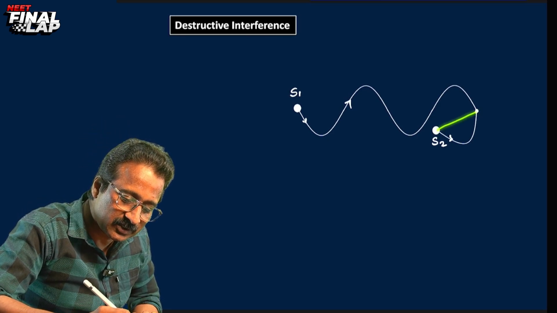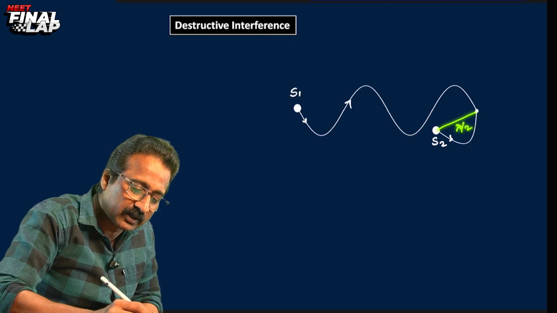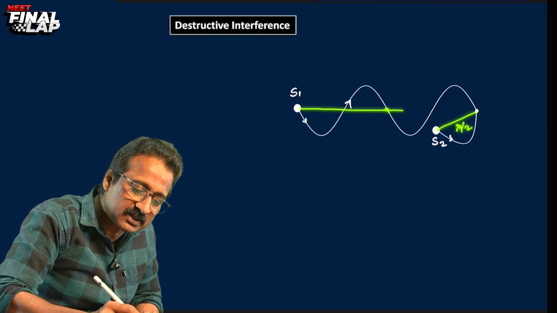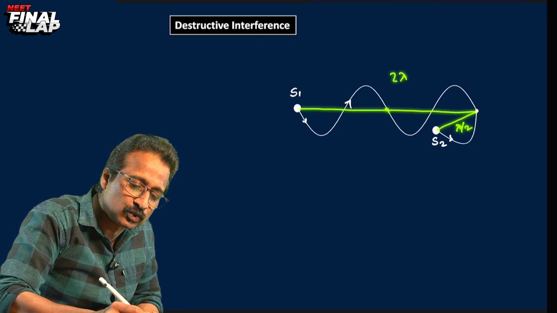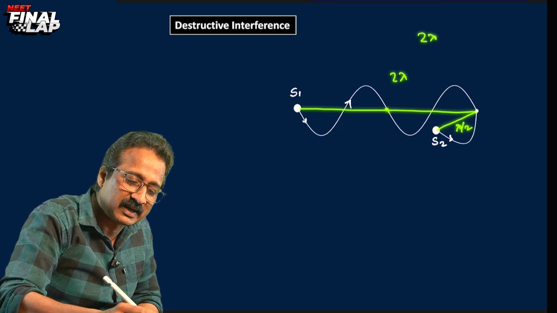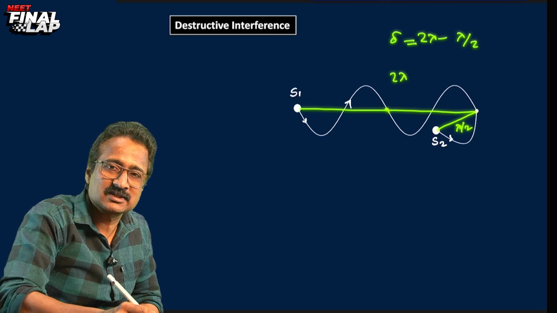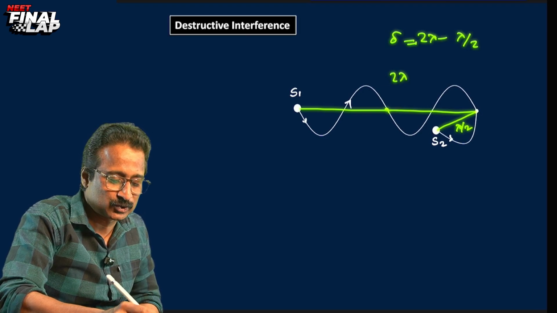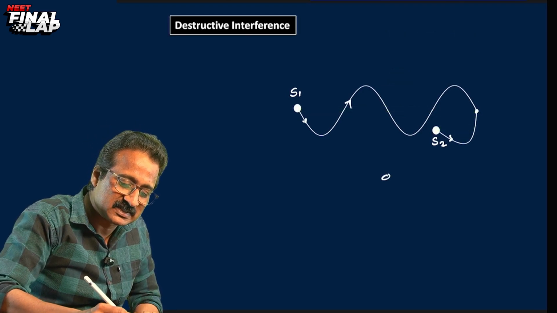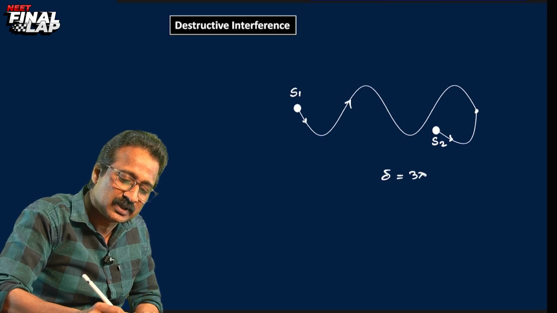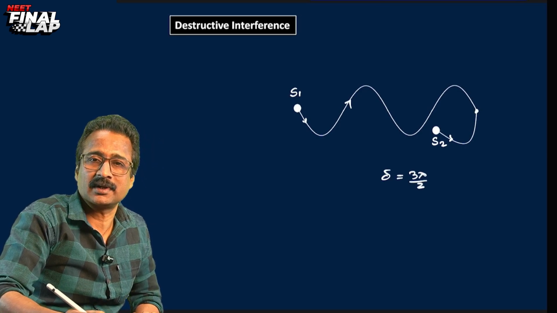Yes, this one continues to be lambda by 2, while this is 1 lambda plus again 1 lambda. Totally it is 2 lambda. So 2 lambda minus lambda by 2 is the path difference now. And 2 lambda minus lambda by 2 is going to be 3 lambda by 2. So whenever the path difference del is equal to 3 lambda by 2, again the interference is destructive.